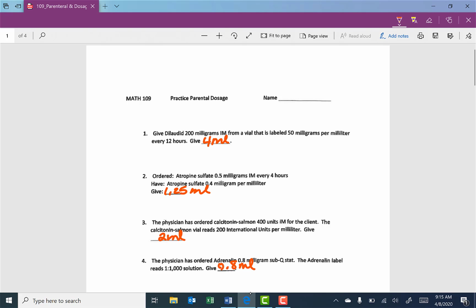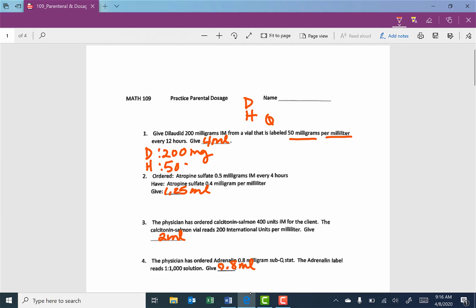Okay, so we need our D, H, and our Q. D: give Dilaudid 200 milligrams. So the doctor's ordering 200 milligrams. On hand we have 50 milligrams per milliliter.